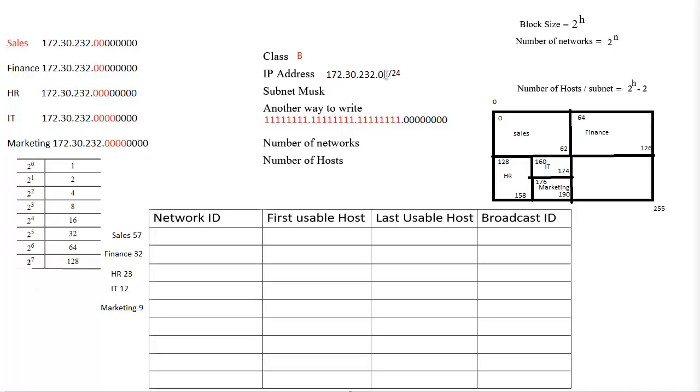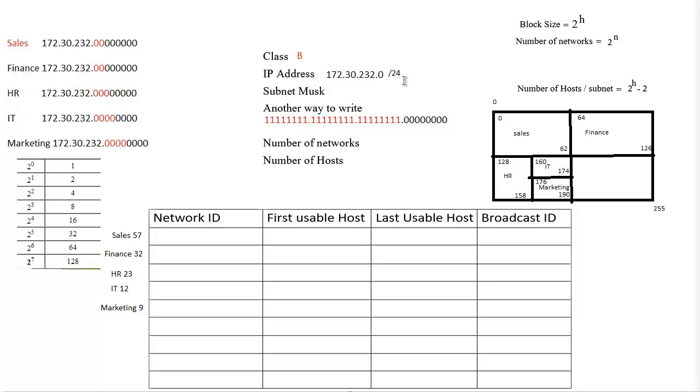But when you do subnetting and find a CIDR notation like /24, /25 or /27 and so on, do not care about which class this is.